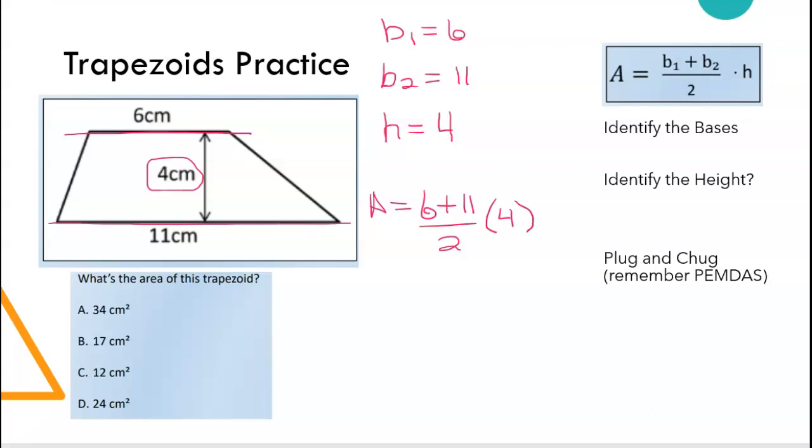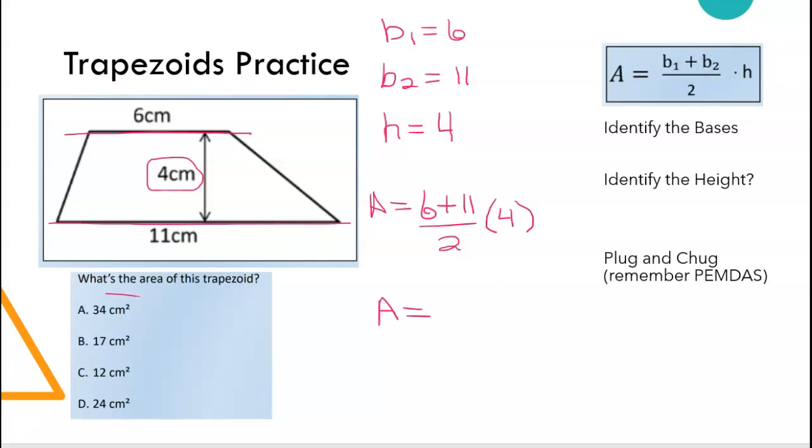There. Now you go ahead and do all of this math. You can add your 6 plus 11, and then divide that by 2, and multiply it by 4. And what do you get? You can stop the video and go ahead and do that. Multiplication, division, and everything.